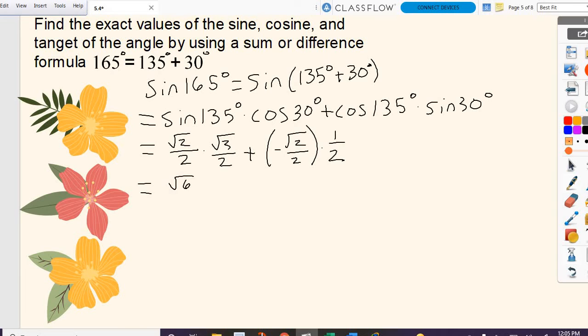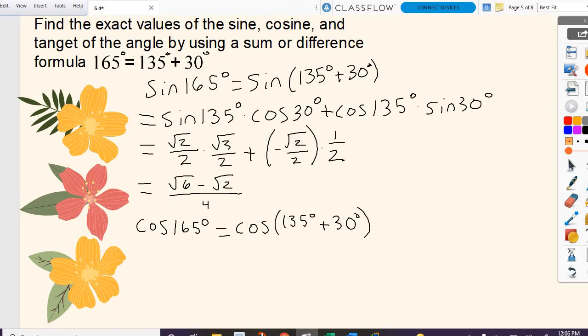So you end up with the square root of 6 minus the square root of 2 over 4 for sine. Now for cosine, again, remember that our operation is the opposite here.